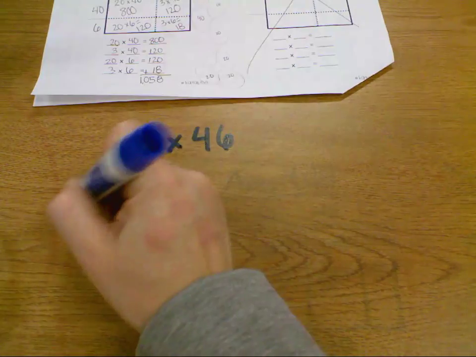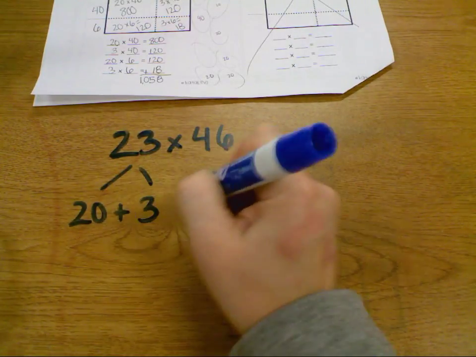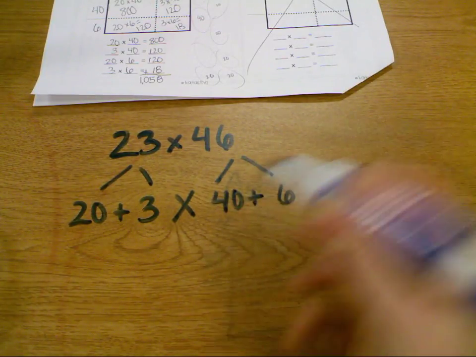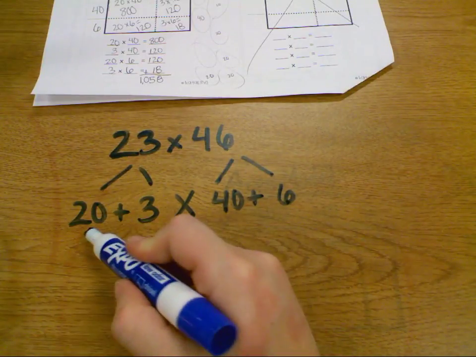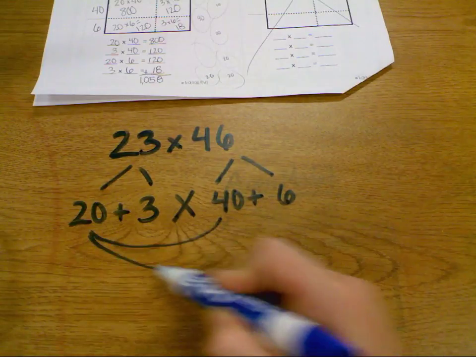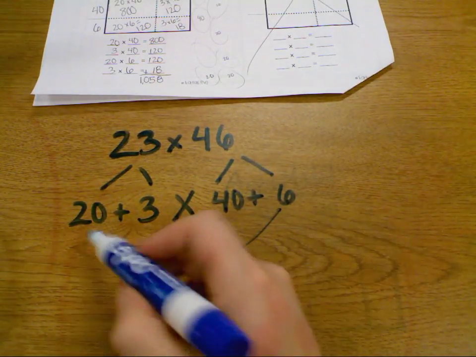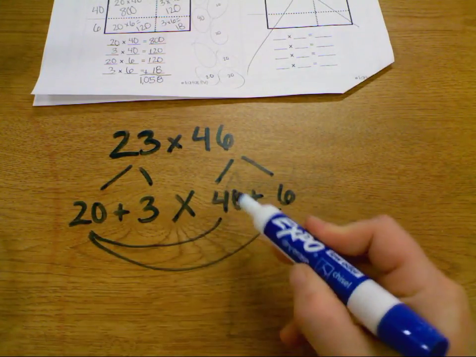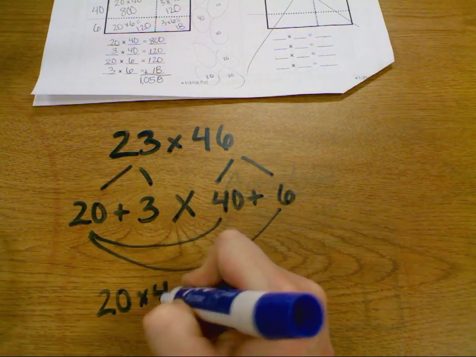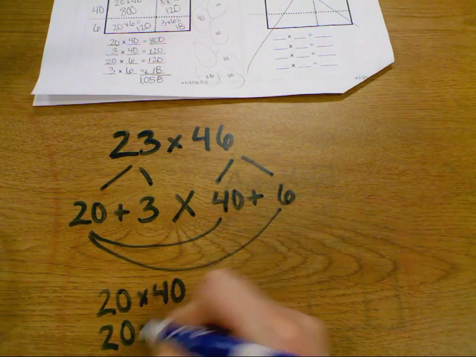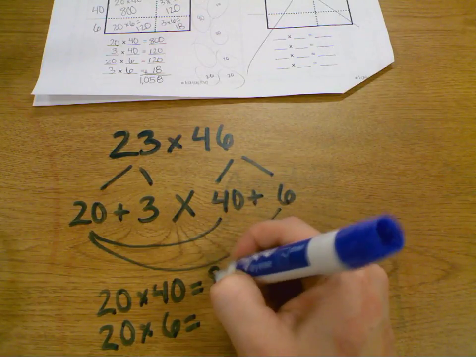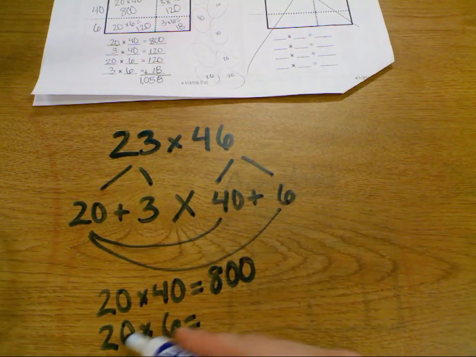We have 20 plus 3 times 40 plus 6. You have to multiply the tens place by both places of your second number. So that would be 20 times 40 and 20 times 6. And 20 times 40 was 800, and 20 times 6, 120.